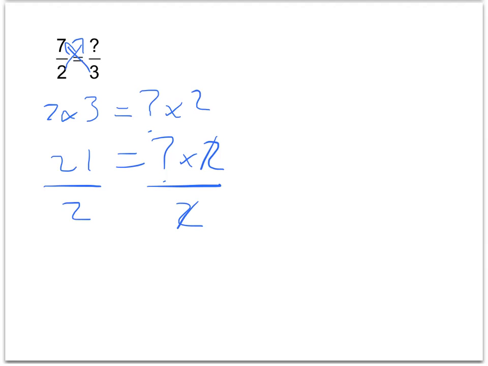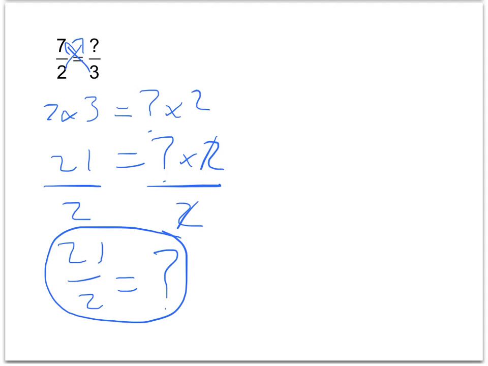And so the 2 on the right cancel off. And we have 21/2 equals question mark. And so there's the answer to our problem. We need 21/2 cups of flour, which is the same solution that we came up with using ratio tables, just a different way of doing it. And so that's how we solve a problem with cross multiplication.